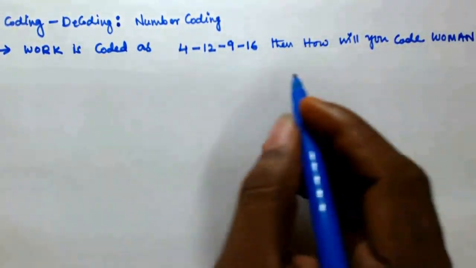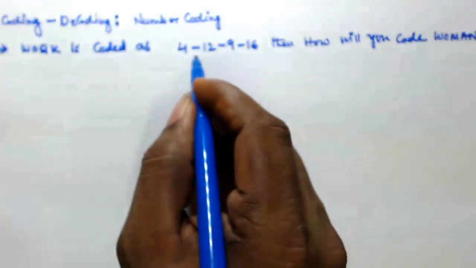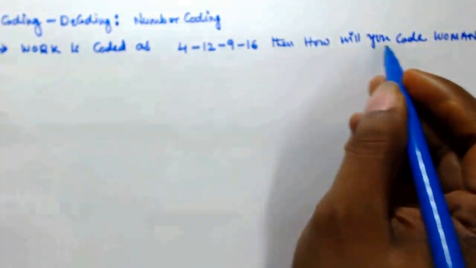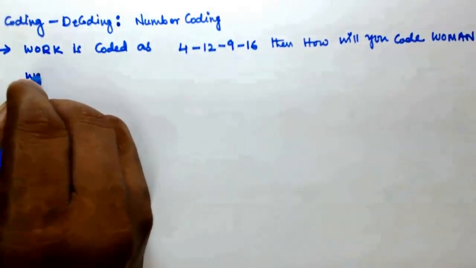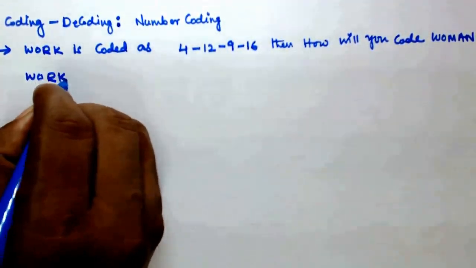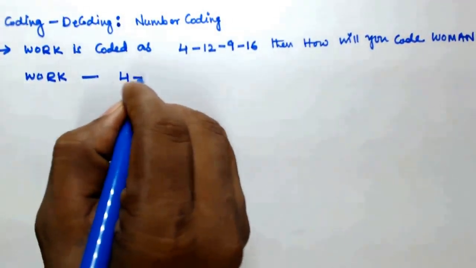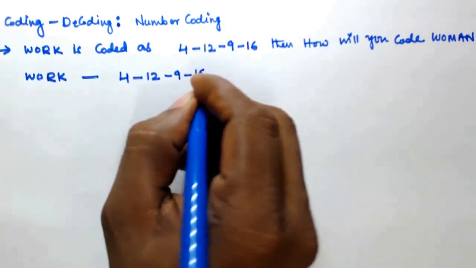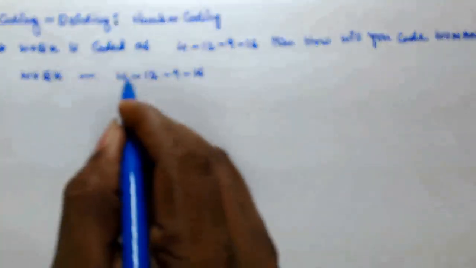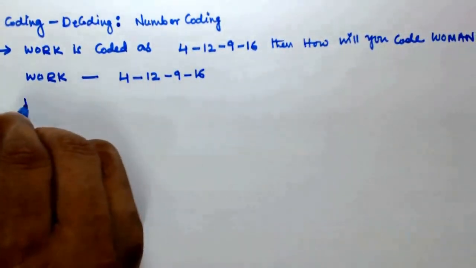So this is the first question, right? WORK is coded as 4, 12, 9, 16. Then how will you code WOMAN? So now it is given that WORK is coded as 4, 12, 9 and 16. That means the given word is coded in numerals, so that is number coding. Now we have to find how WOMAN is coded.